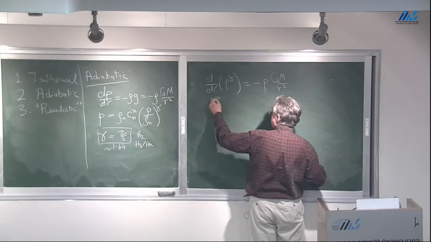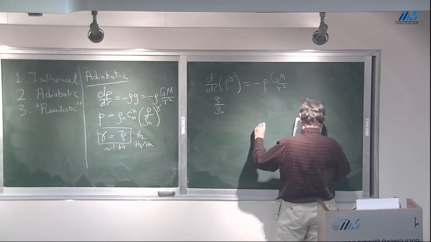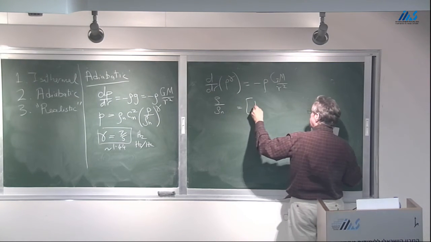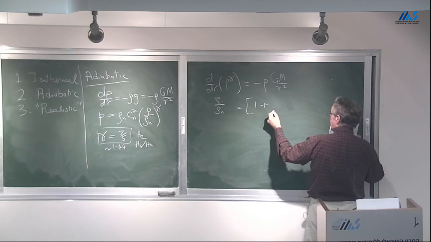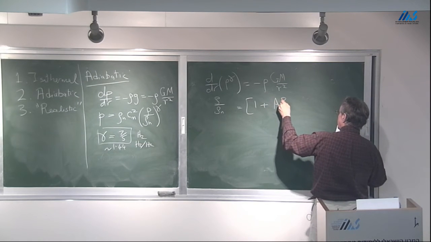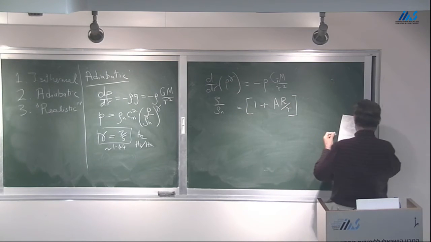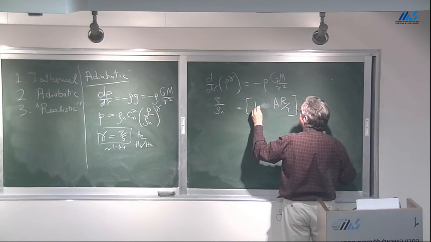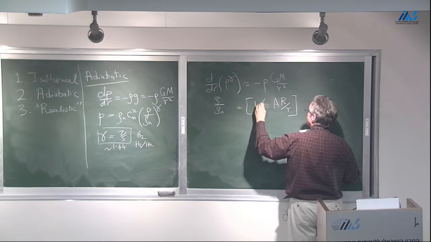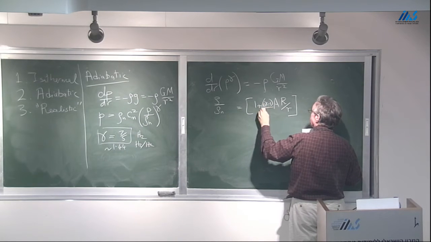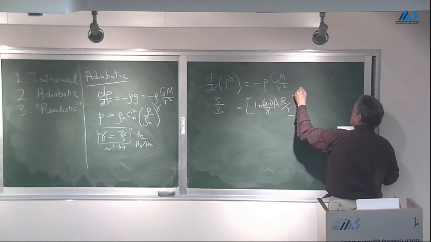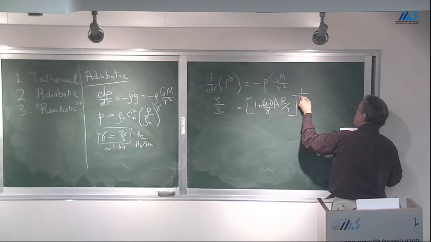Rho upon rho nebula is 1 plus A times R over little r, with a coefficient in here, which is gamma minus 1 over gamma. And here we have 1 over gamma minus 1.